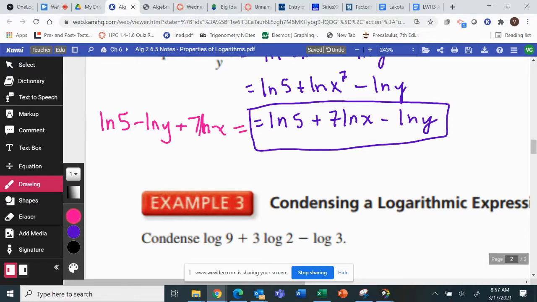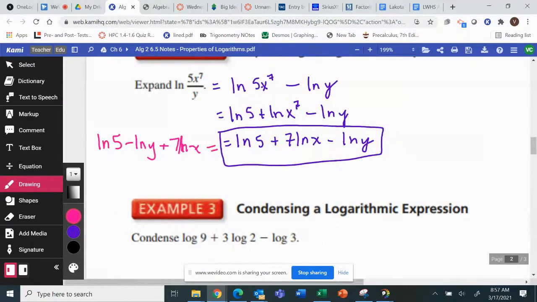Yes. The ln y, because it has the minus sign in front of it, no matter where it's located, the y is going to be on the bottom because of that subtraction sign. So it doesn't have to be listed last to be on the bottom. Anything that's positive will be on top, no matter what order it is. If it's listed as plus, it's going to be on top. I'm going to say that a few more times.